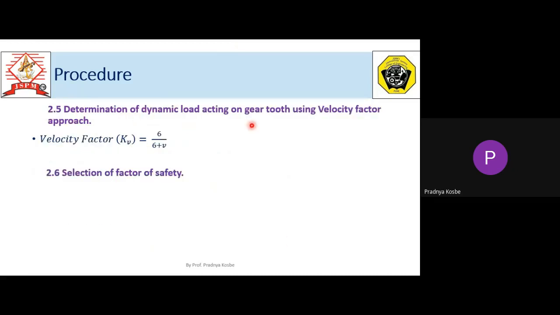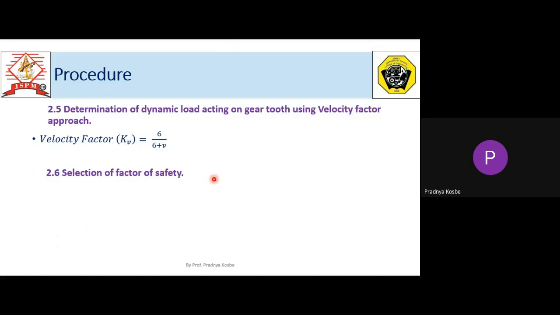Next, determination of dynamic load acting on gear tooth using the velocity factor approach. Why the velocity factor approach? Because right now we don't know the module. Design of any gear means you have to decide the dimensions, and the dimensions of the gear depend on the module.